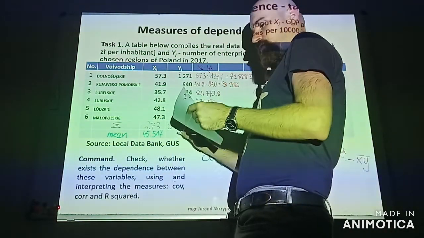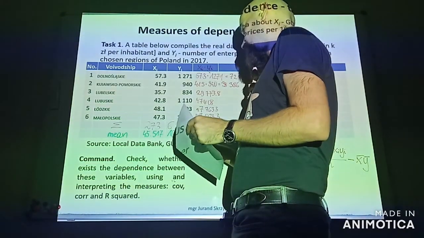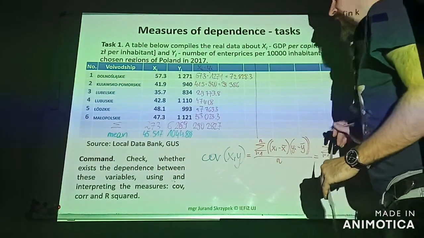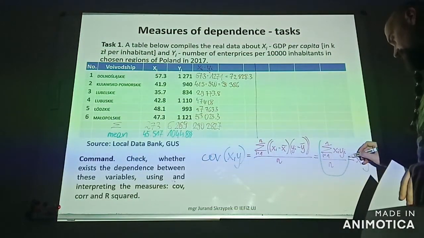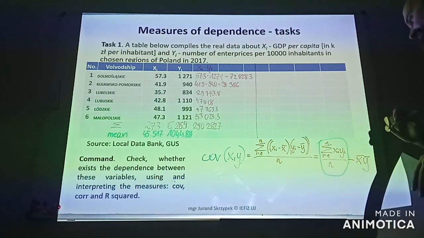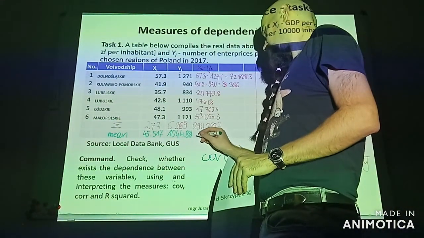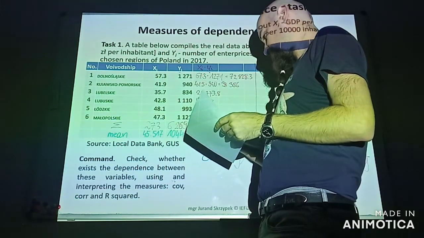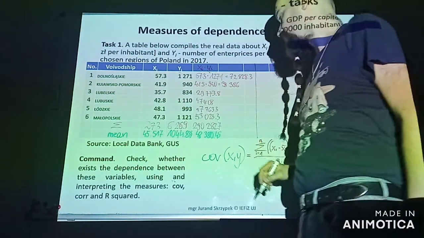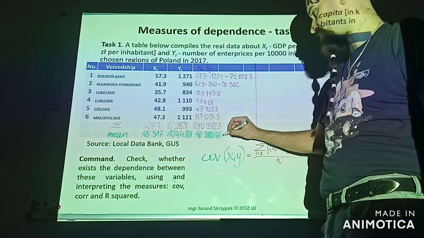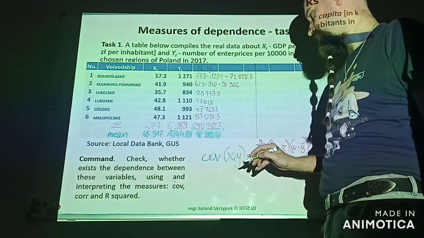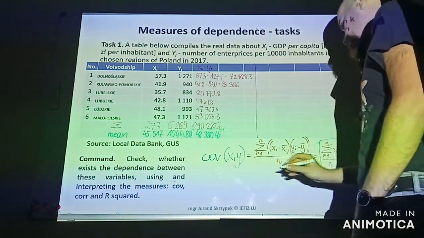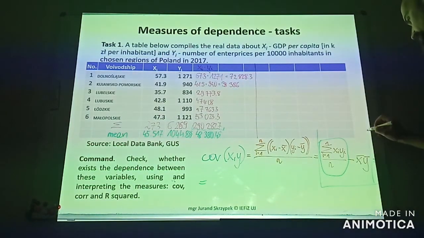And the mean level of the number of enterprises is 1044.833 enterprises. And the mean product of variable x and variable y values is 48,380.45, and this number is an effect of dividing this sum by 6. I will write it down. Here I utilize this formula.